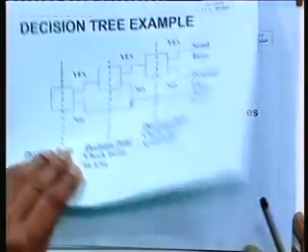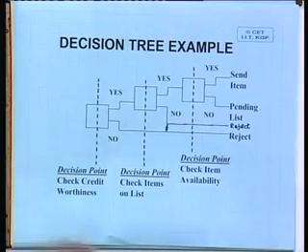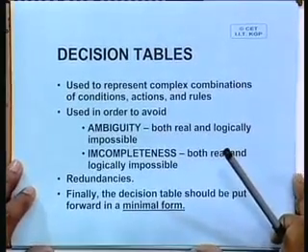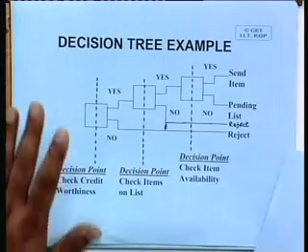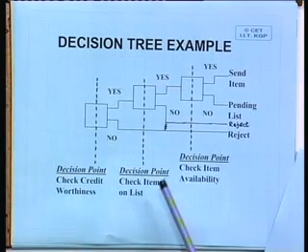Then after your decision tree, what is most important is the decision table. See what happens in your decision tree: the decision tree is nice, but it does not show all possible combinations which may actually arise.